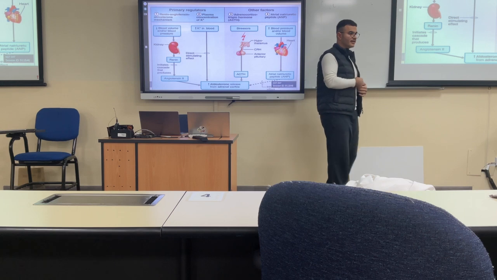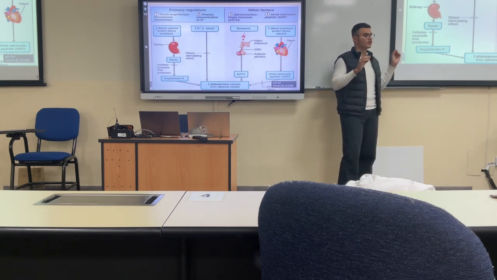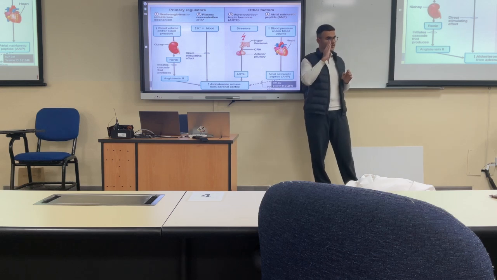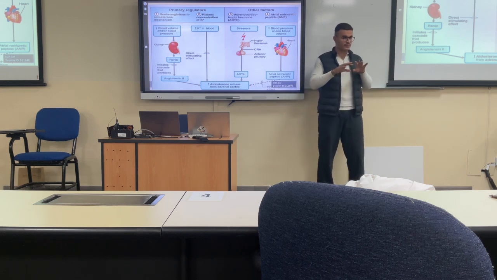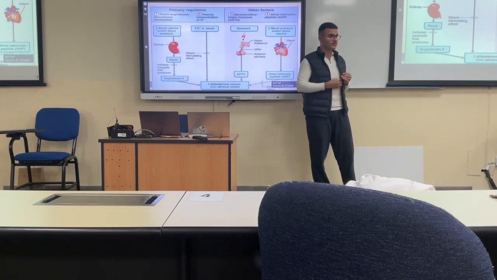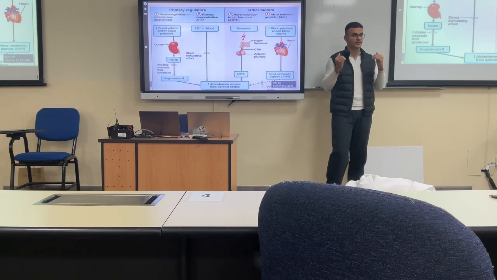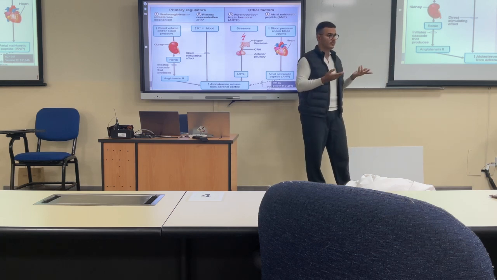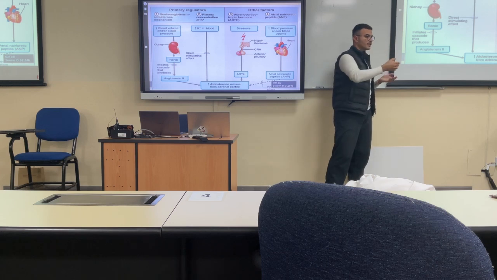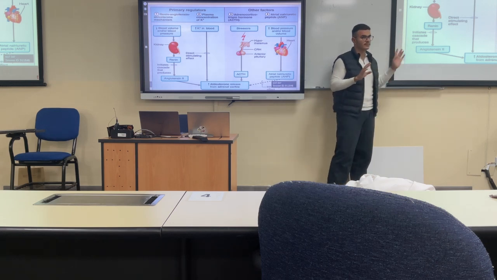A group of cells in the kidney, and they're called the juxtaglomerular complex. Okay? So the name is a bit complicated, but it's easy. Juxtaglomerular complex cells are a group of cells in the kidney and they sense the drop in blood pressure. What do they do? They secrete into the blood something called renin. Okay? Renin.